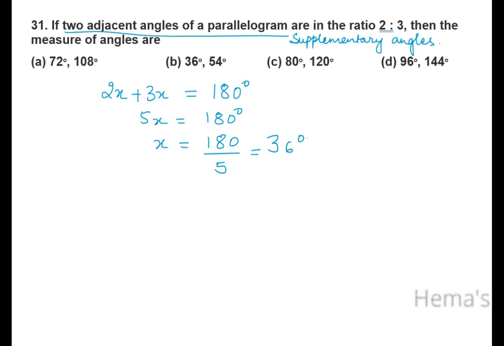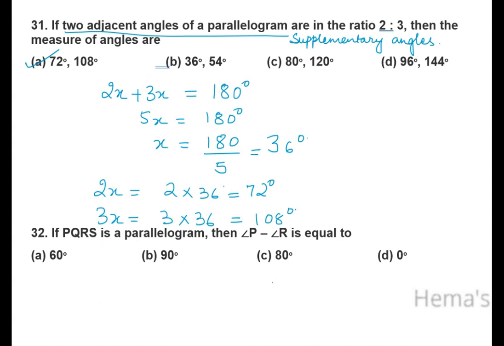Now, the two angles are 2x, which is equal to 2 into 36 is equal to 72 degrees, and 3x equal to 3 into 36 is equal to 108 degrees. So the correct option is A.